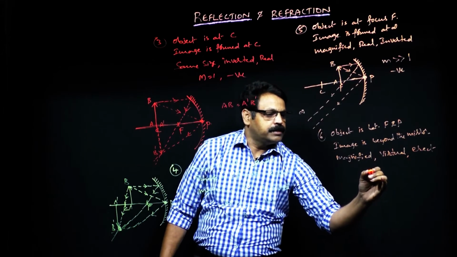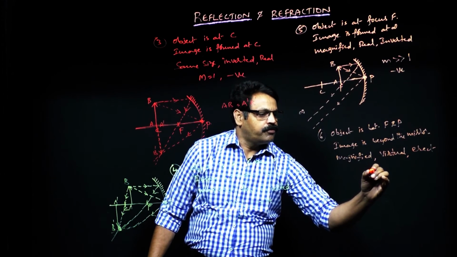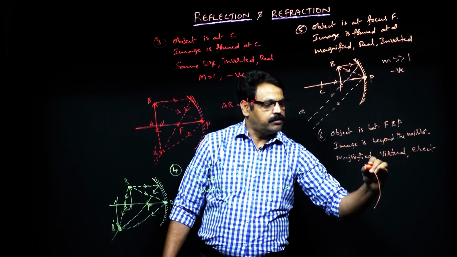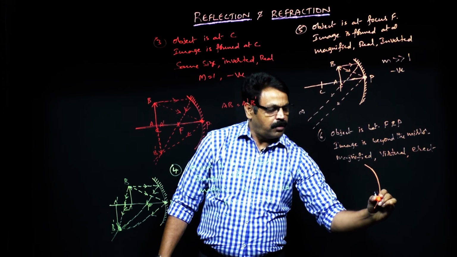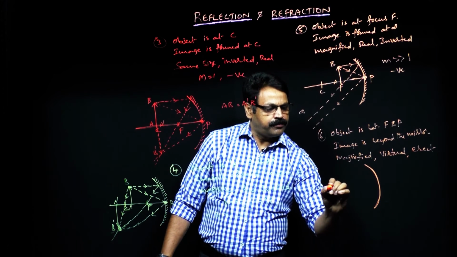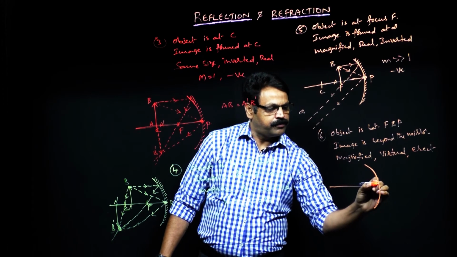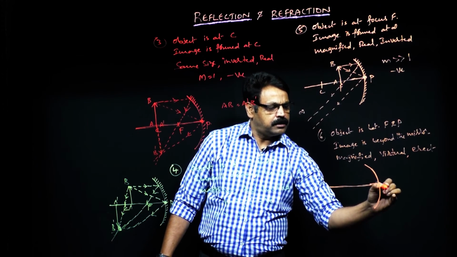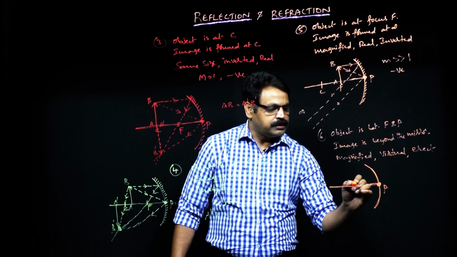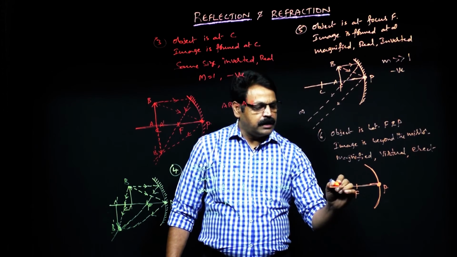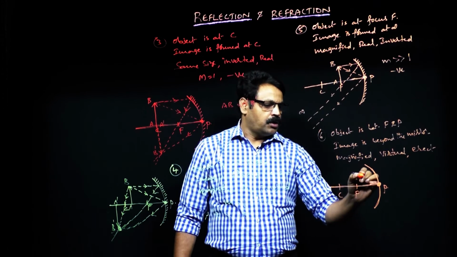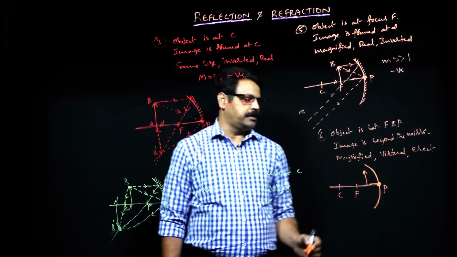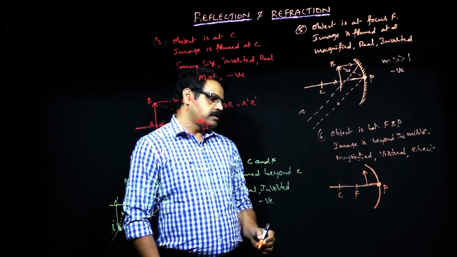So how it happens means, you can just think of the concave mirror I am drawing over here. This is the concave mirror I have, and now this is the principal focus. The principal axis, this is the P, and now this is F, and this is C, let us suppose. The object is placed over here. Then what happens?